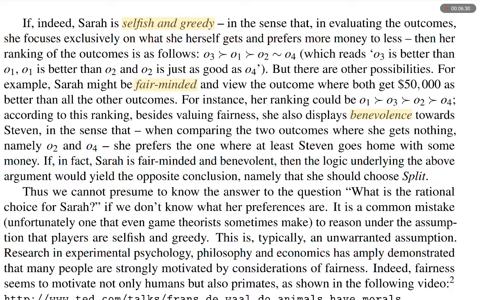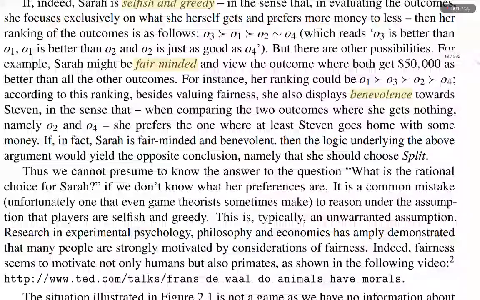According to this ranking, besides valuing fairness, she also displays benevolence towards Stephen, in the sense that when comparing the two outcomes where she gets nothing, namely O2 and O4, she prefers the one where at least Stephen goes home with some money. If in fact Sarah is fair-minded and benevolent, then the logic underlying the above argument would yield the opposite conclusion, namely that she should choose split.